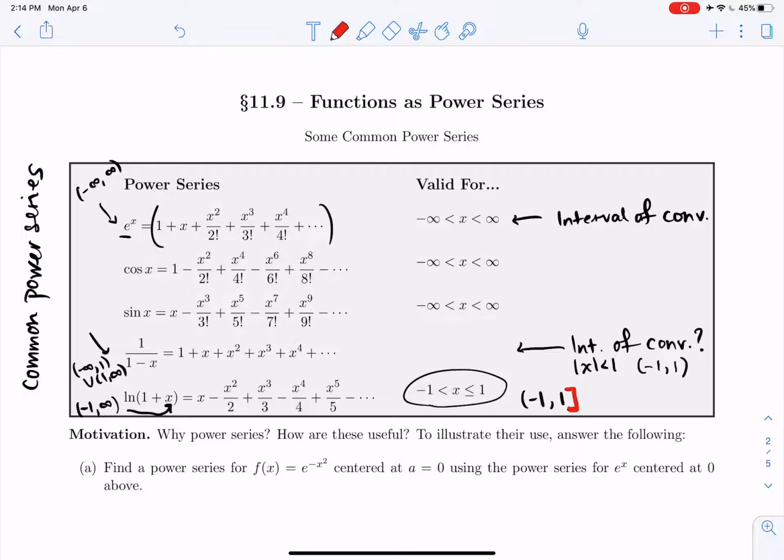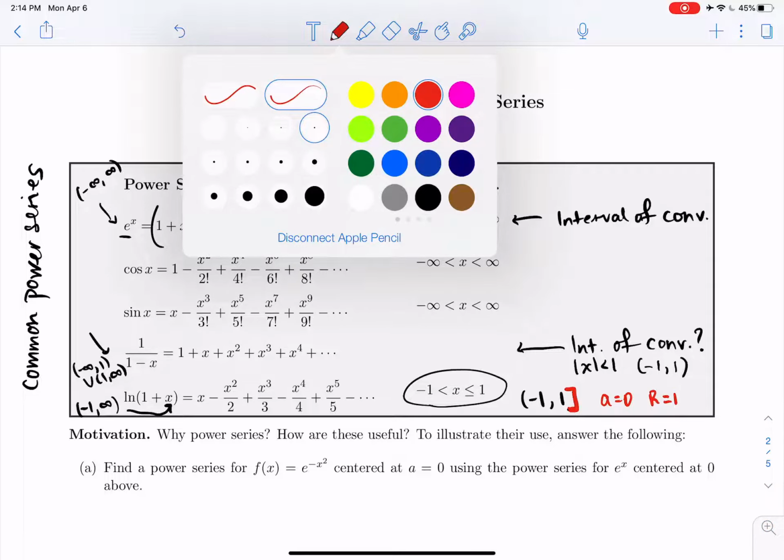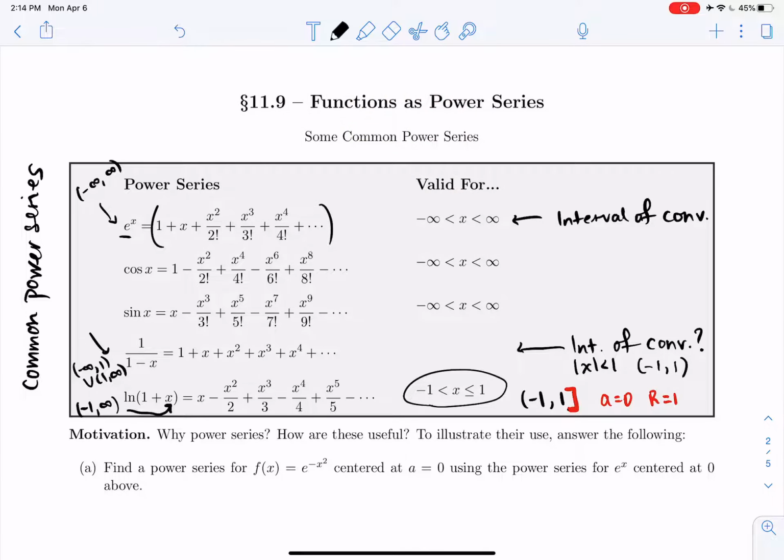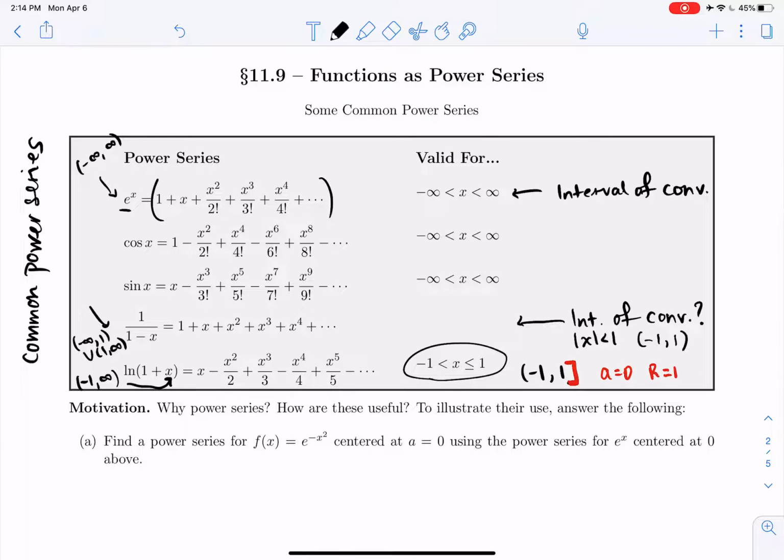Just because you know where the series is centered, this one's centered at 0, and it has radius of convergence equal to 1, that means you still need to check the endpoints of that interval, -1 and 1. And it turns out that this series does converge when x is 1, but it does not converge when x is -1. So that's just something to keep in mind, guys. There's a lot of subtlety here. Make sure you ask questions and you give yourself time to think about all of this.